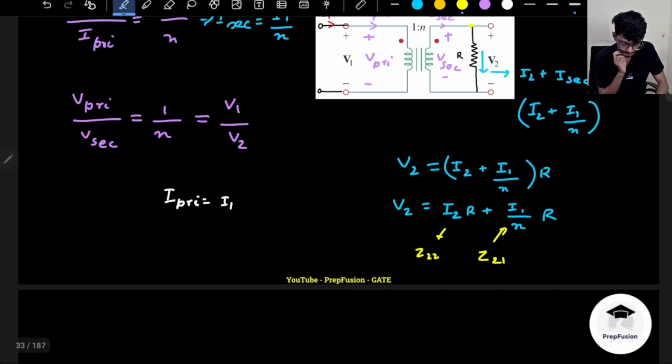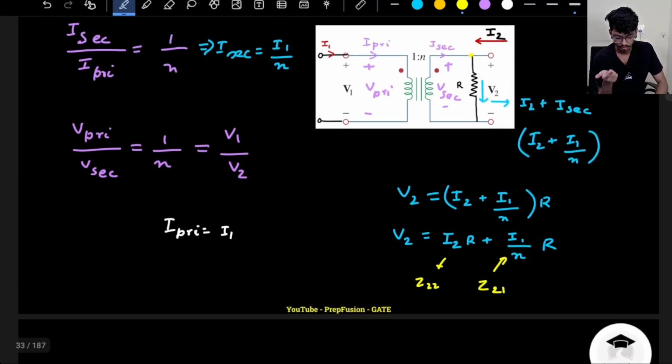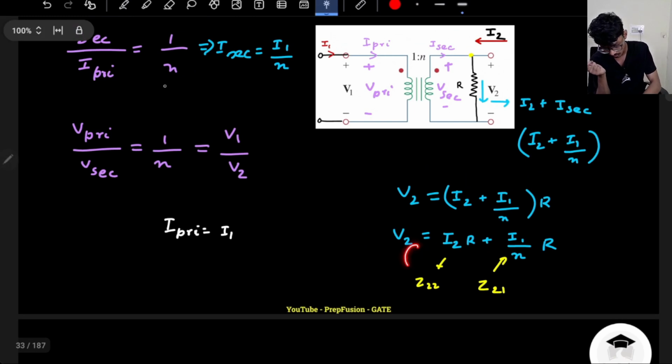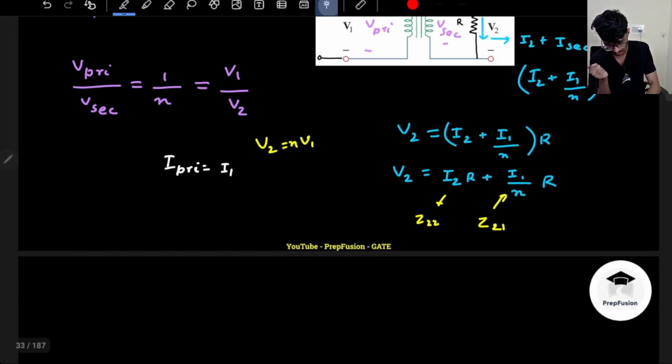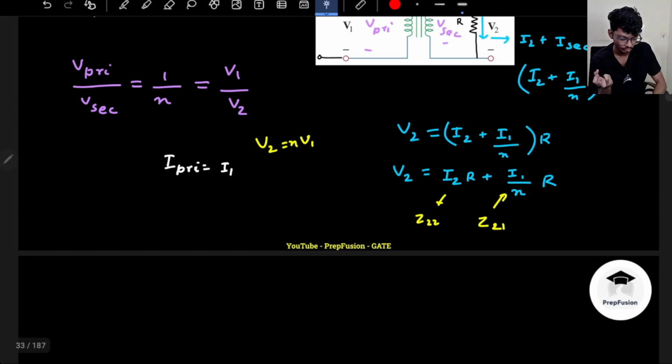What about Z11 and Z12? Very simple, because I know V2 equals V1 into N, V2 is equal to NV1. If I replace V2 here with NV1, I will be able to find Z11 and Z12 as well.